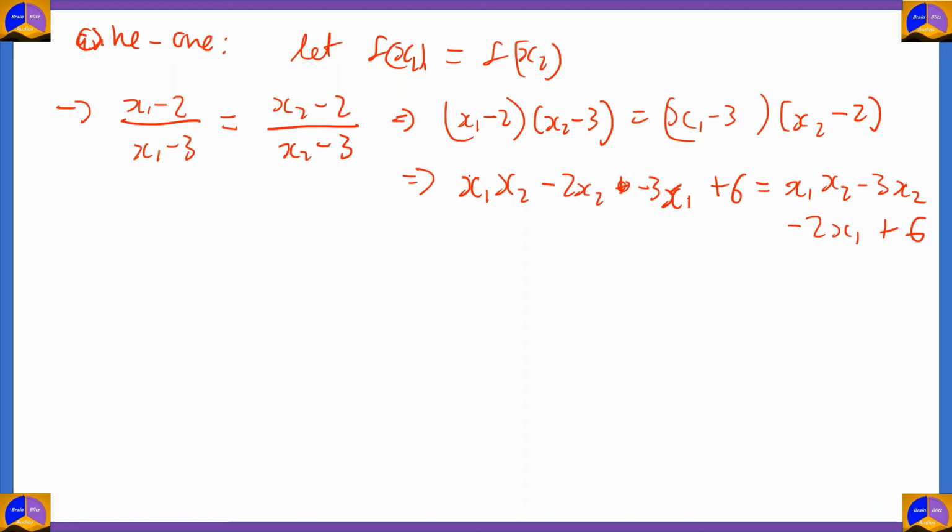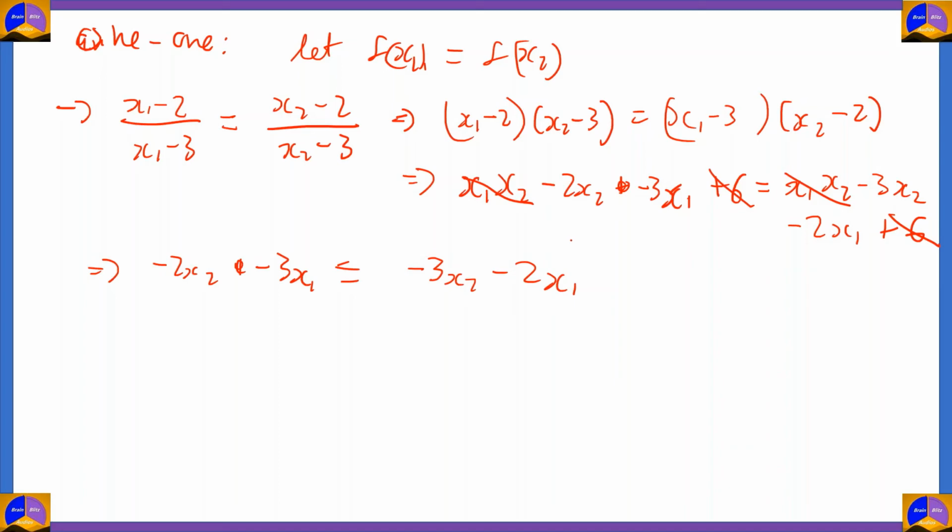So over here, x1x2 and 6 are common, so we can cancel both of them. And so what we'll get is minus 2x2 minus 3x1 is equal to minus 3x2 minus 2x1.